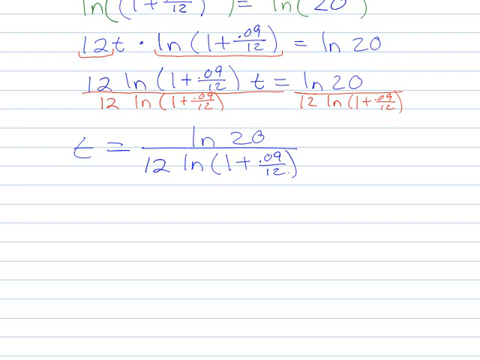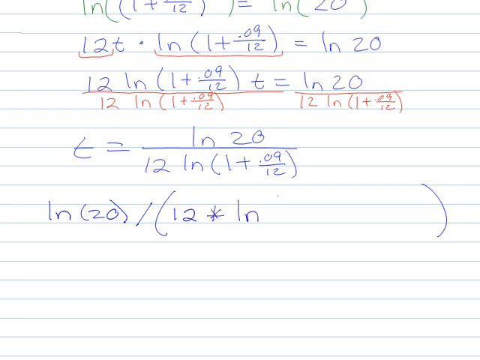Now supposing you get this far, which you certainly have since you're here, we hate to do all this work and then plug it into our goofy calculators wrong. So let's make sure we get this. What I'm going to plug into my calculator is the log of 20 divided by the whole thing on the bottom. So you want to make sure you have your external parentheses going on there. So I've got 12 times natural log of 1 plus 0.09 divided by 12.